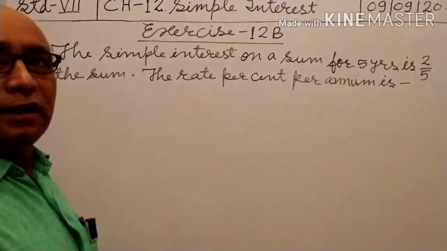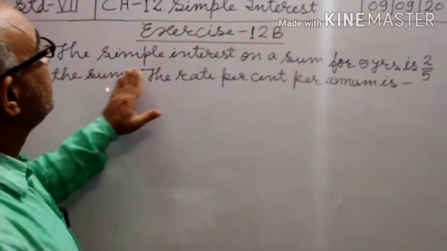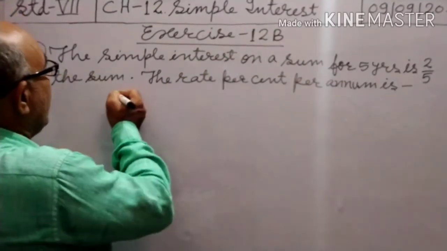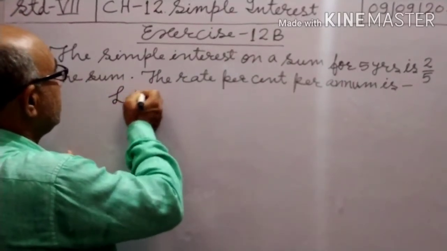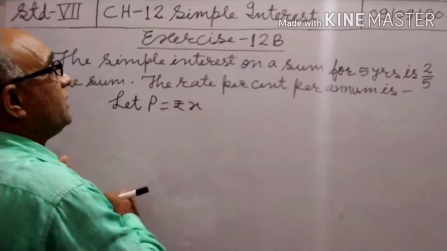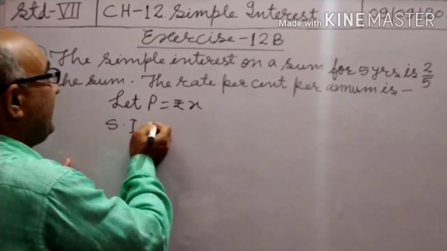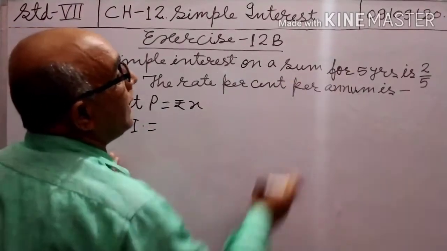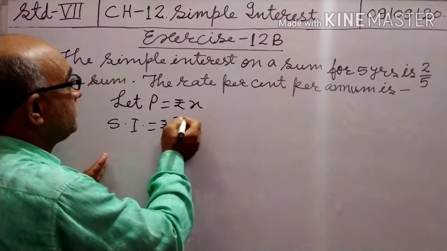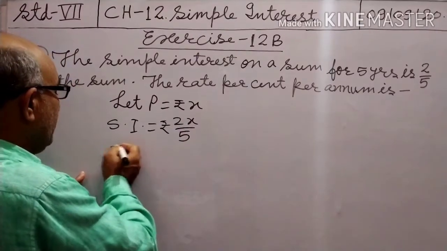Students, in this question we have to find rate percent. So let P equal to rupees x, SI equal to 2 by 5 of the sum, so rupees 2x by 5. T equal to 5 years.